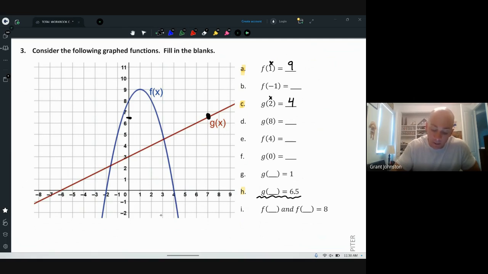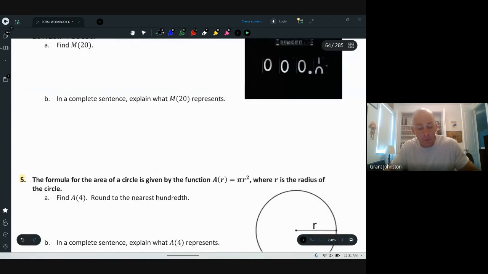Well, this point, when the output is 6.5, scroll down, 7. G of 7 is 6.5. I hope that's enough. Moving on to the word problems.